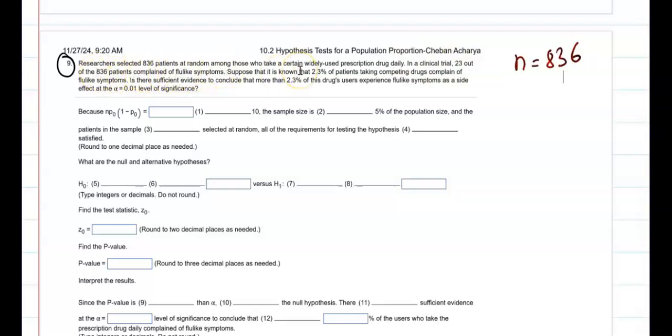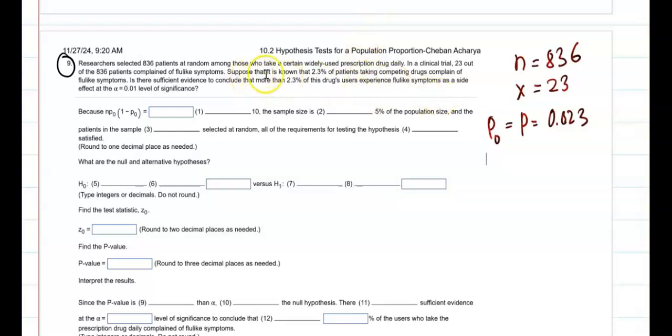So the 23 people who complained of symptoms is going to be the x value. Suppose that it is known that 2.3% of the patients taking competing drugs complain of flu-like symptoms. So here 2.3% is going to be 0.023. That is called p here, which is the same as p0, the claim value.